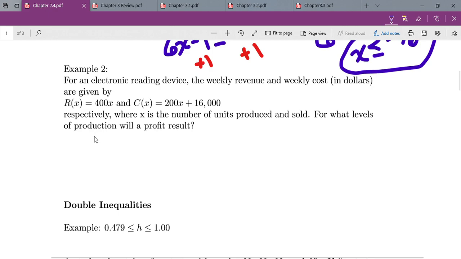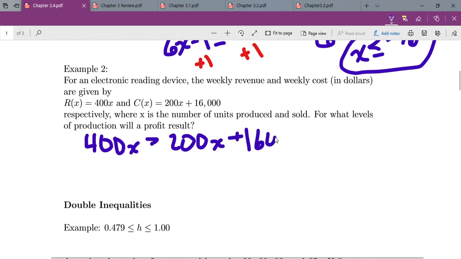Okay, so in order to result in a profit, 400x needs to be greater than, not even really equal to. If you're equal to, you break even, you're not making a profit. So just strictly greater than 200x plus 16,000.